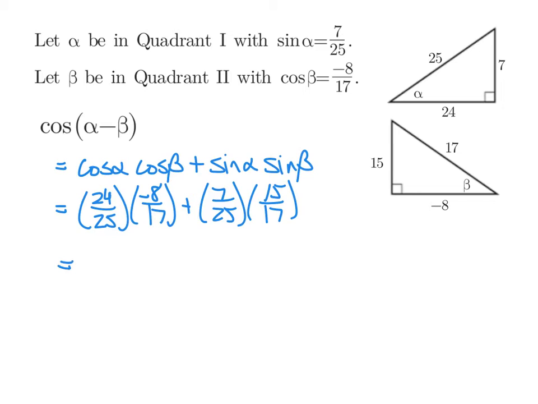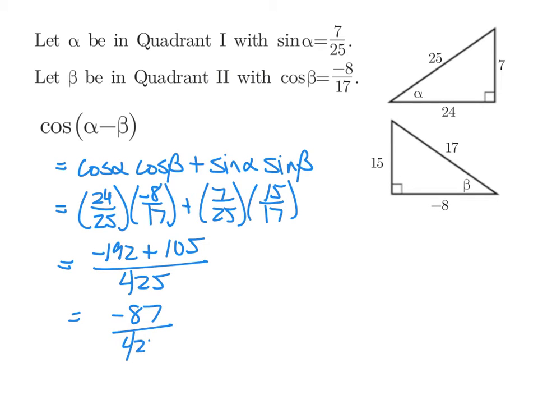Then we finish it up with a little arithmetic. 24 times negative 8 is negative 192. 7 times 15 is 105. And our common denominator is still 425. Simplifying, we get negative 87 over 425.